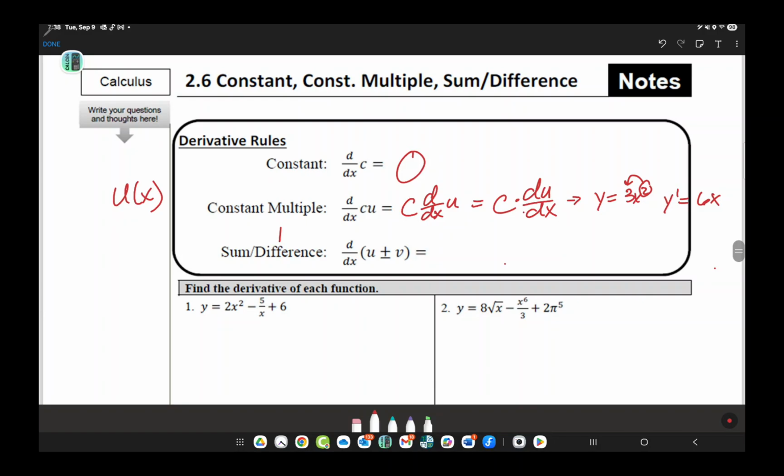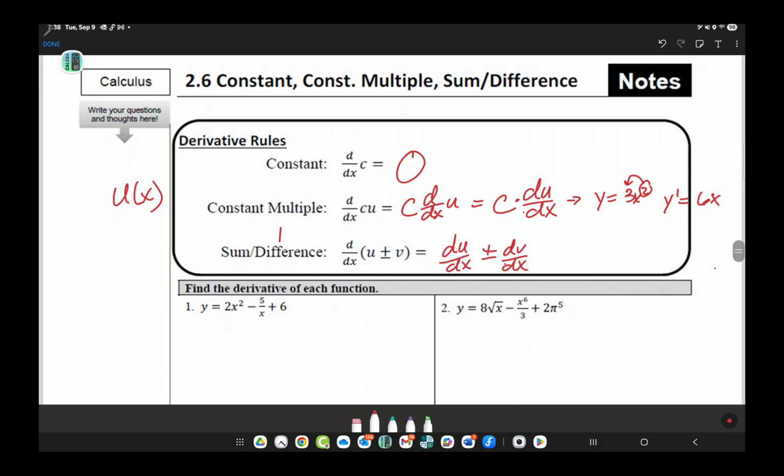If we have more than just a monomial, we can distribute a derivative just like we can with a limit function. We can distribute it through the function itself. So this will become du/dx plus or minus dv/dx.